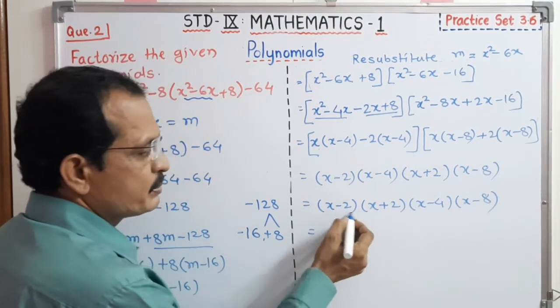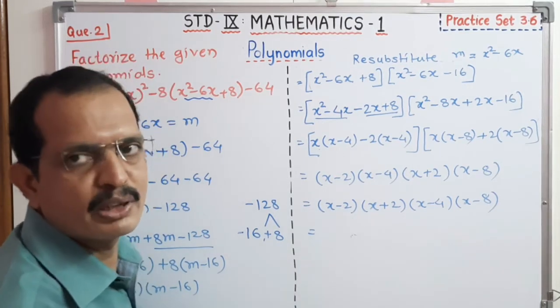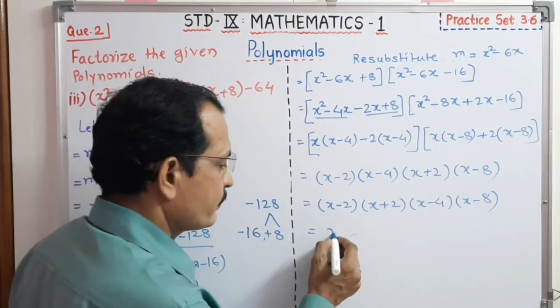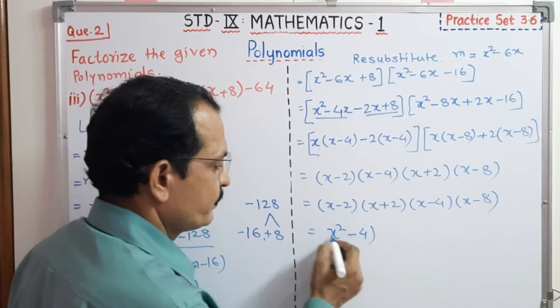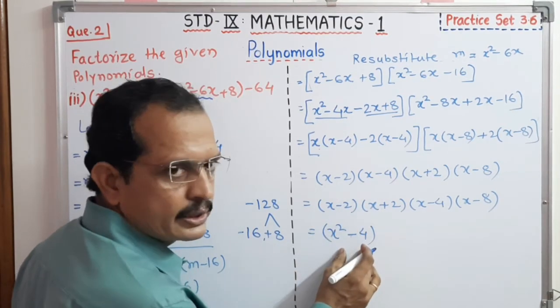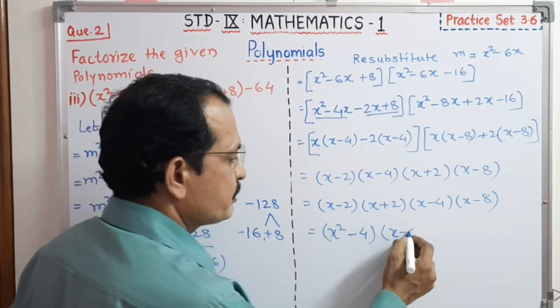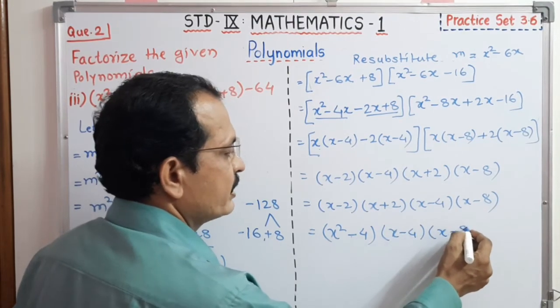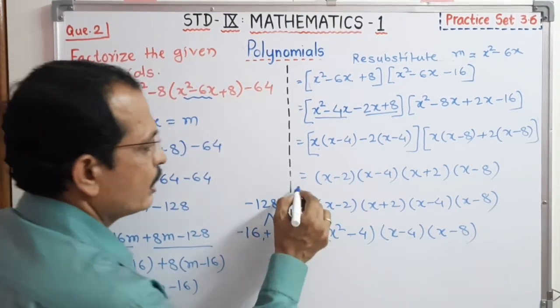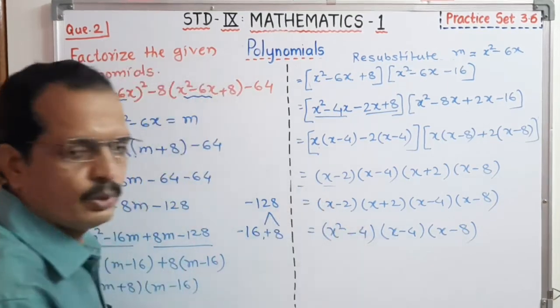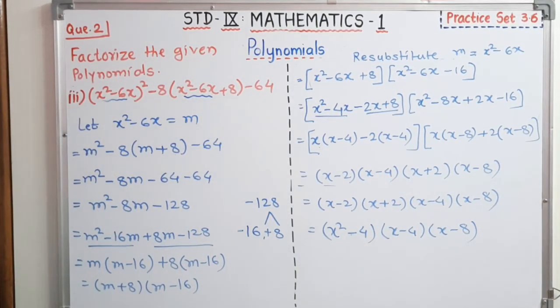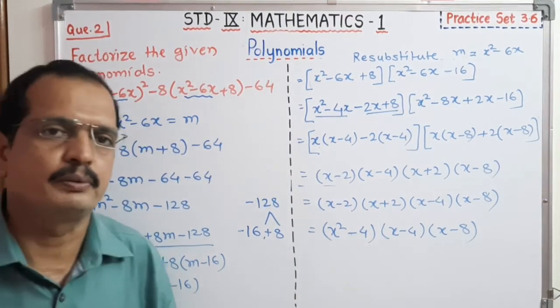Now these x minus 2 and x plus 2 are the factors of x square minus 4. Instead of this we write this and then x minus 4 into x minus 8. Like this you can write up to this also, or you can write up to this also. These are the factors of the given polynomial.